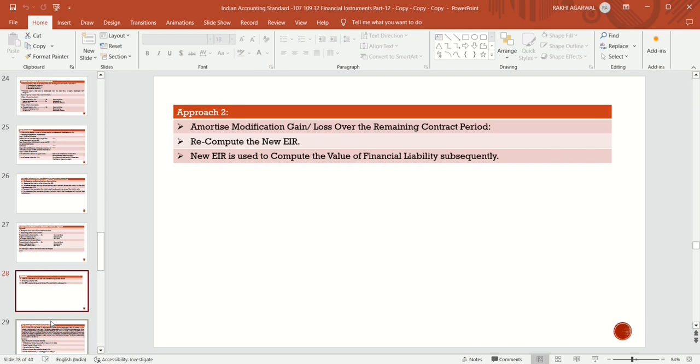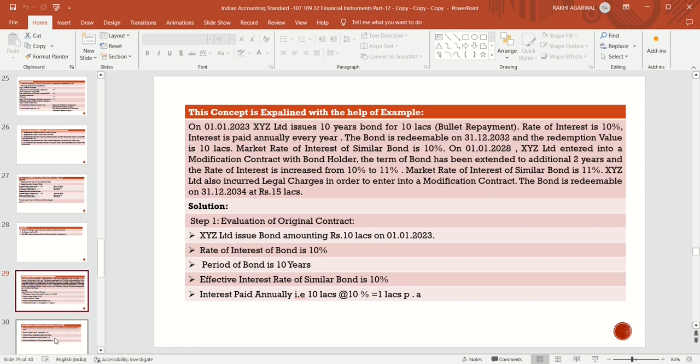Firstly, we will amortize the modification gain or loss over the remaining contract period, then recompute the new EIR, and that new EIR is used to compute the value of the financial liability in subsequent periods. This concept is explained with the help of an example. We will explain the concept of extinguishment accounting and also modification accounting.